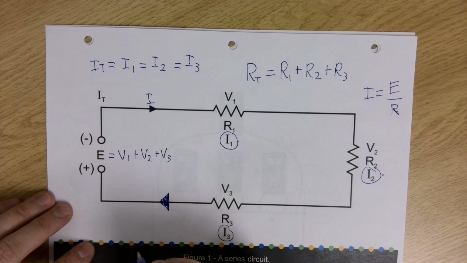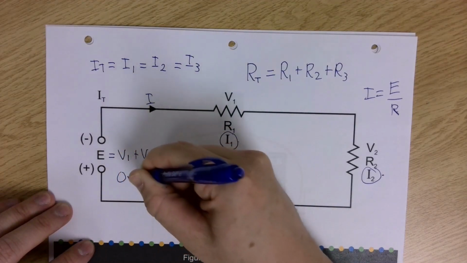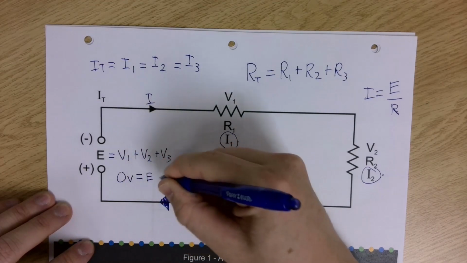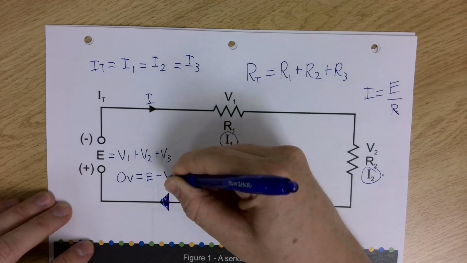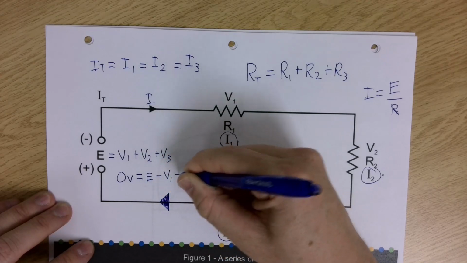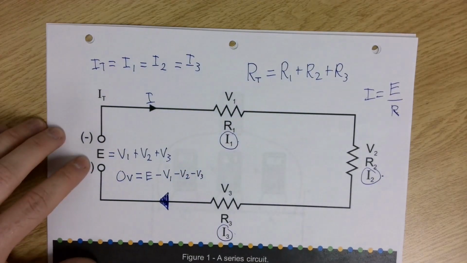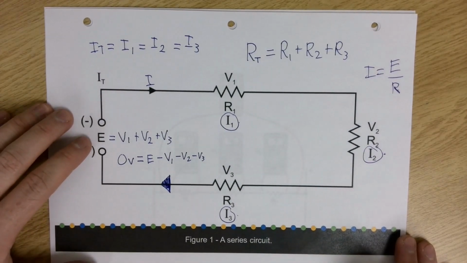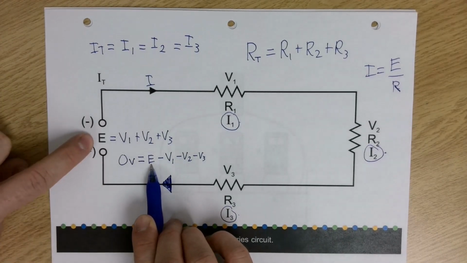Kirchhoff's voltage law, the way I believe he originally wrote it, is that the sum of the voltage rises equals the sum of the voltage drops. So this is another way to represent the same result, because the voltage rise is our applied voltage.